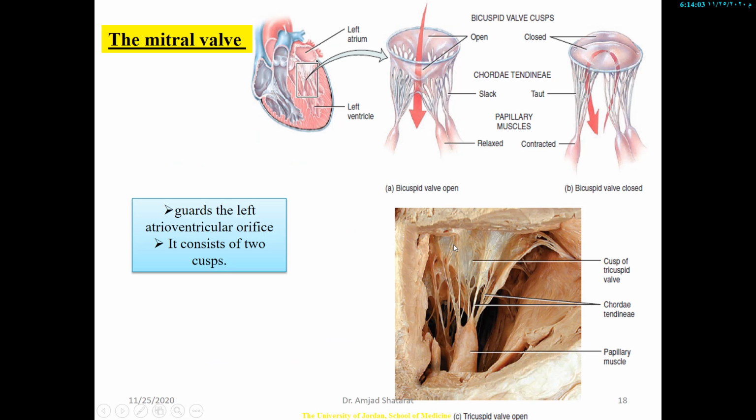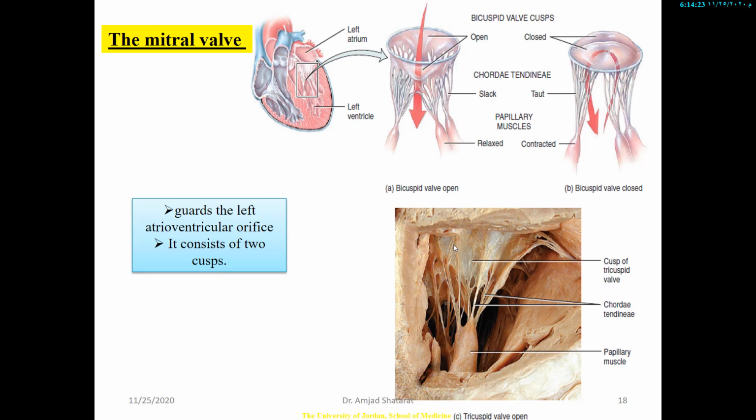The mitral valve has the same structure as the tricuspid valve, but the number of cusps here is two, anterior and posterior. The papillary muscles are two as well, anterior and posterior. Their size is larger.